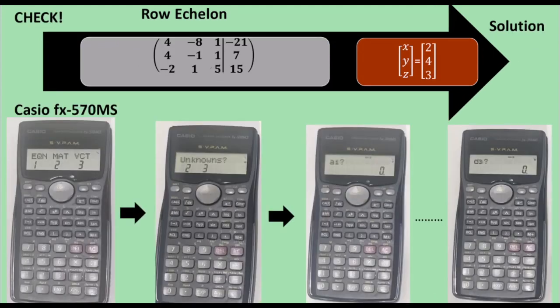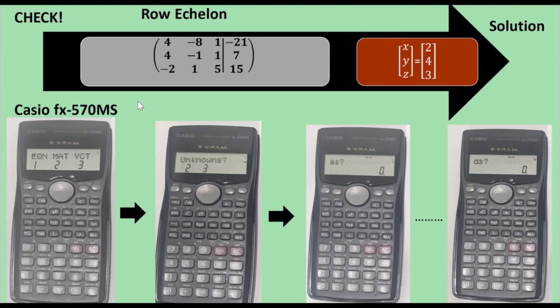So whenever you perform the Gauss elimination method, I would recommend that you check your solution using your calculator during your test. I only have the Casio FX570MS, and I'm going to show you how to check your answers using the calculator.